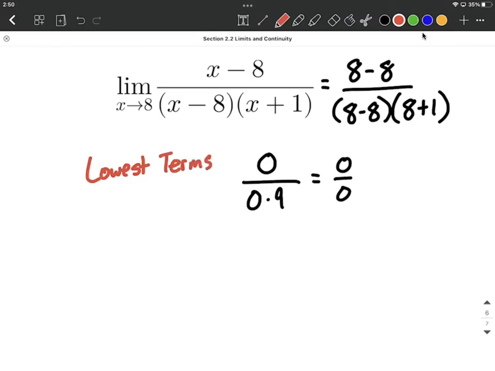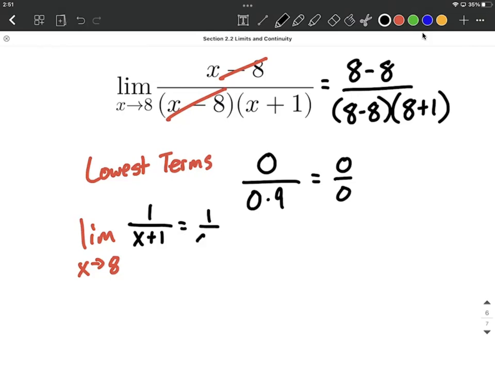However, we could put this in what we sometimes refer to as lowest terms. If we reduce our fraction to lowest terms, that means we take the common factor between numerator and denominator, the x minus 8's, and simplify, and the limit is going to be equivalent to, in lowest terms, 1 over x plus 1. At this point, we can go back and reevaluate this by replacing the x that remains with the 8.